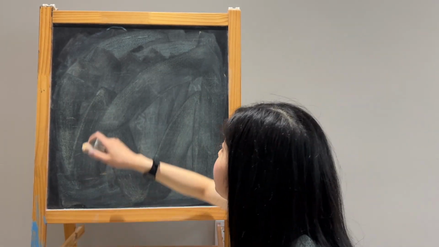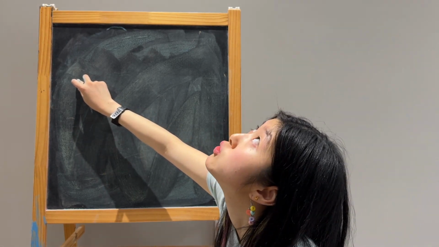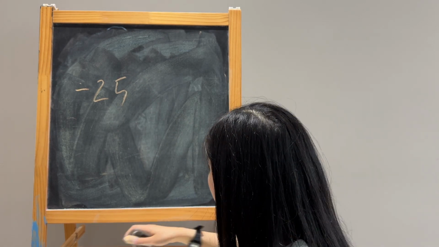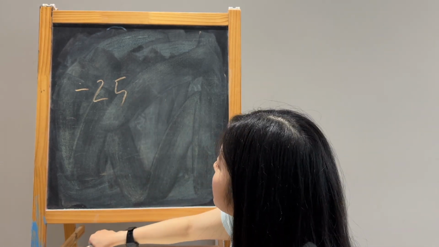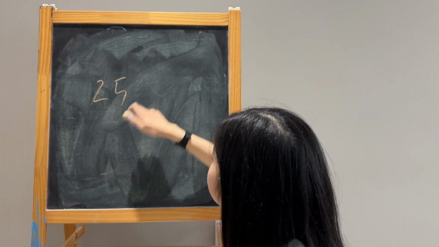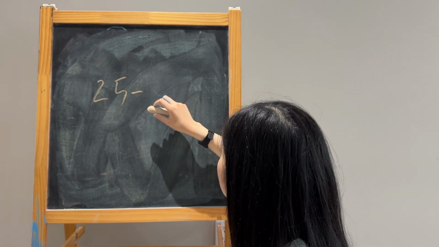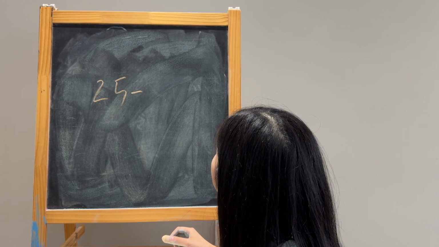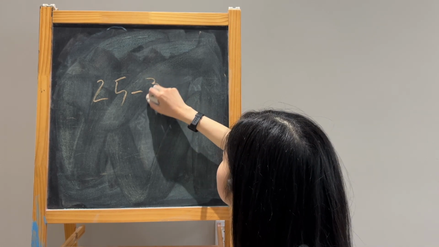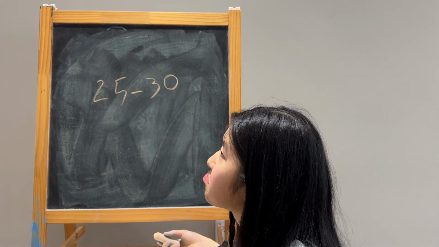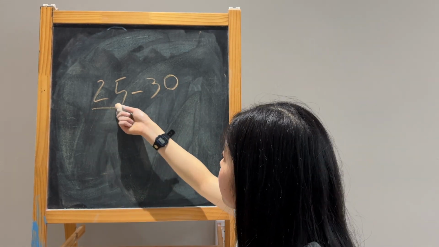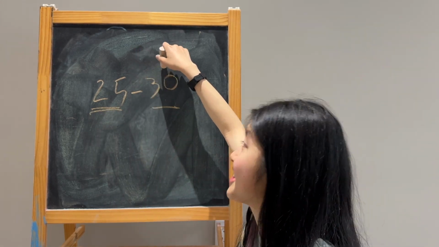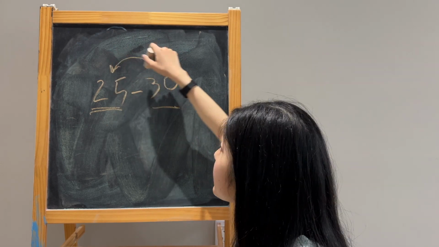Okay, one last example. Positive 25 minus 30. Okay, so now we're back to this problem, right? It's kind of weird to subtract a bigger number from a smaller number, right?